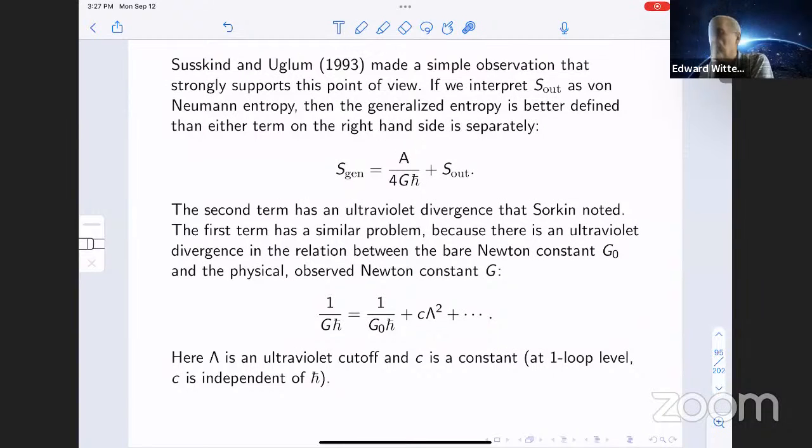There's an ultraviolet divergence in the relation between the bare Newton constant G0 and the physical observed Newton constant G. When Hawking had done his calculation to demonstrate that Bekenstein supposedly was correct, he didn't include quantum loops that renormalized Newton's constant, so he worked with the bare Newton constant G0. But when we interpret this formula in the real world, we'll presumably have in mind the physical Newton constant G. The relation between the two involves an ultraviolet divergence.